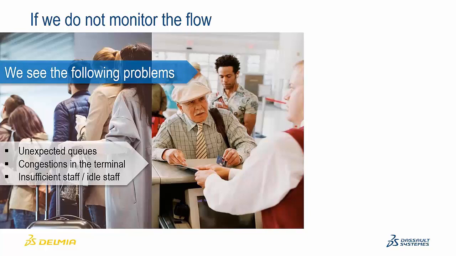It could also mean that you have congestion in parts of the terminal building, where in other parts there might be enough space. And thirdly, you could have insufficient staff at certain touch points at certain times, while at other touch points the staff is idle.